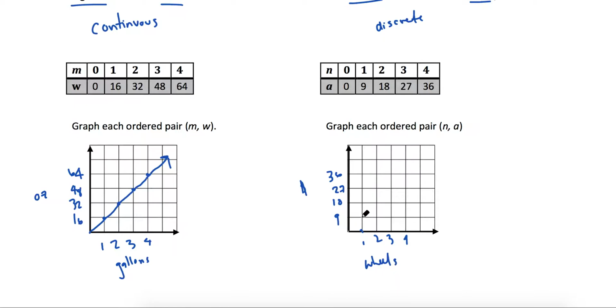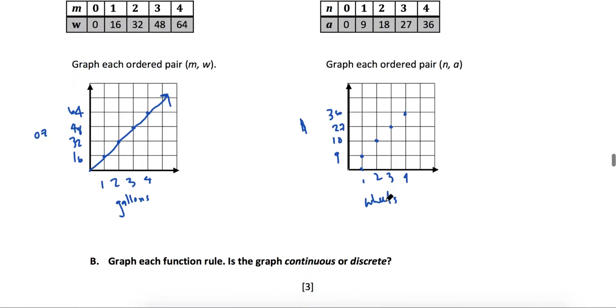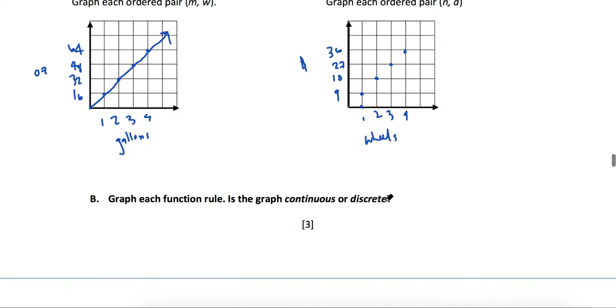So 1 costs $9, 2 costs $18, 3 costs $27, and 4 costs $36. And this could even continue, but in between here, 2.5 wheels, we don't know how much that costs. We're not going to connect those points. We're just going to leave them as individual discrete data points. So we kind of talked about that up there. The first graph is continuous, the second graph is discrete.